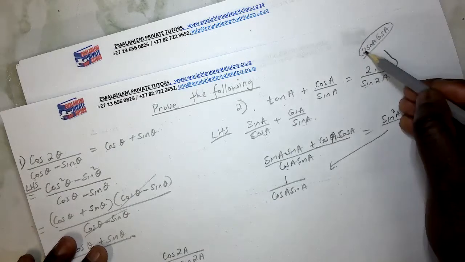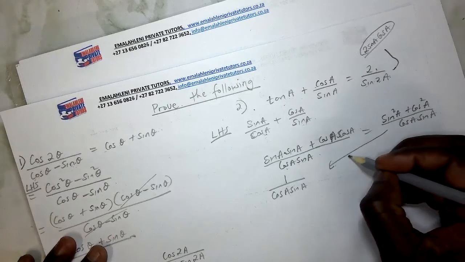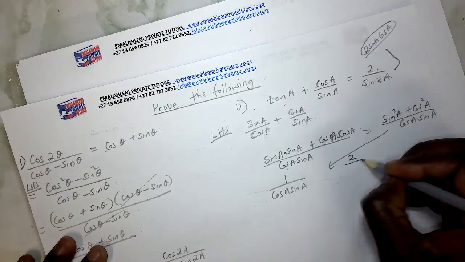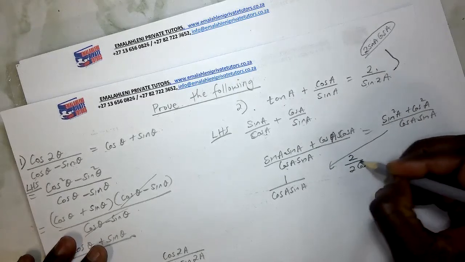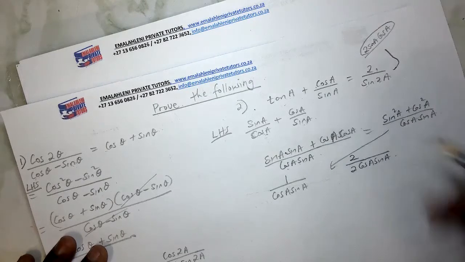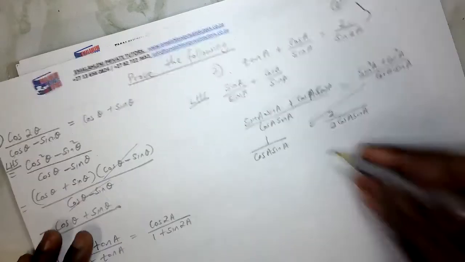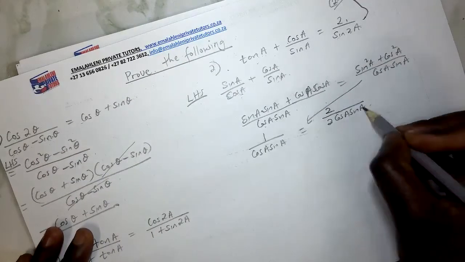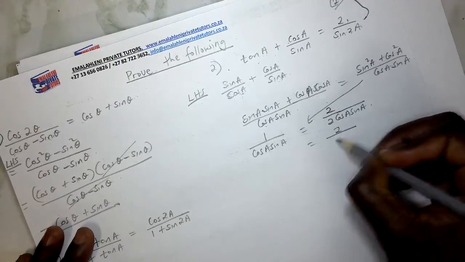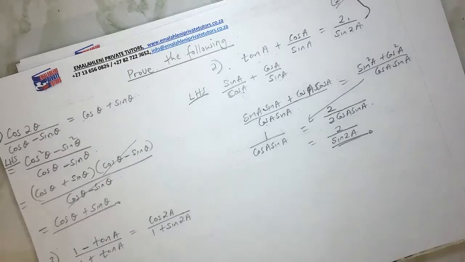We need 2. So we say 2 over 2 cos A sine A. The 2 over 2 gives us 1, so we are not worried. It's going to give us 2 over sine 2A. That's our final answer.